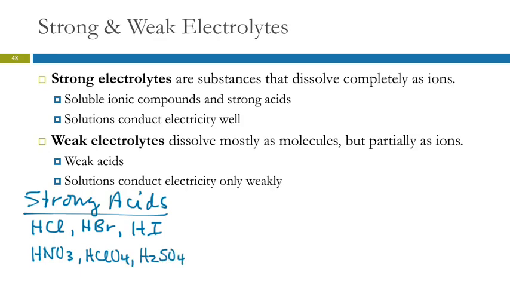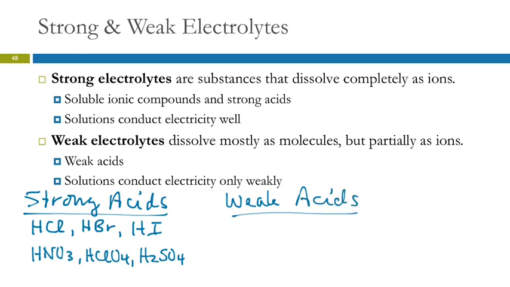I can't really give you a great way of remembering those. These are in the halogen family except fluorine, and then you just kind of have to memorize these. Why are these strong acids? Because they ionize completely. How do we know that? We tested it and we found it out. It's not that we put them in a special category, it's just what they do. So how do you know what a weak acid is? They're not strong.